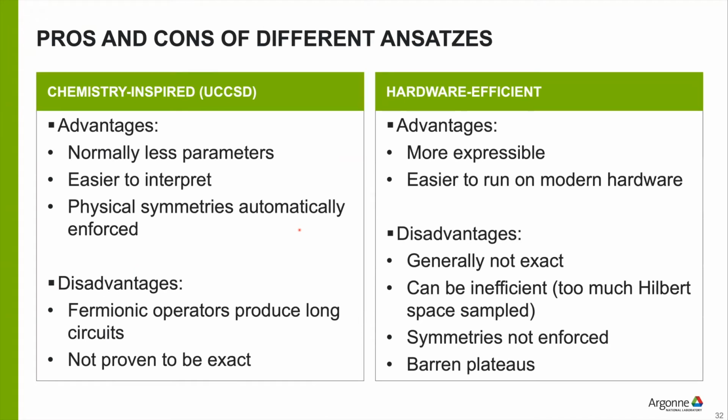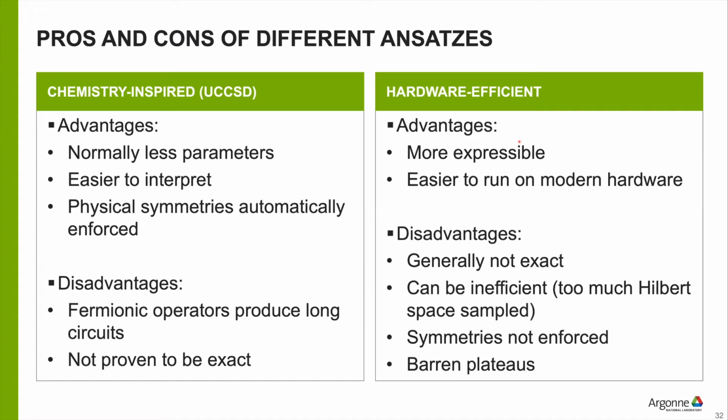And to summarize, we have the chemistry-inspired ansatz, which has fewer variational parameters and is easier to interpret. We have enforced physical symmetries, so we only get solutions that are chemically valid. However, the circuits that they produce are very, very long, and for realistic systems they're not doable on modern hardware.